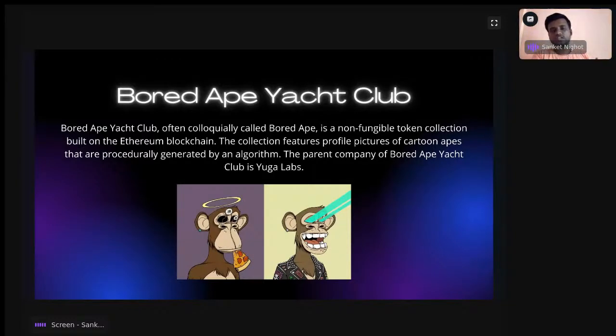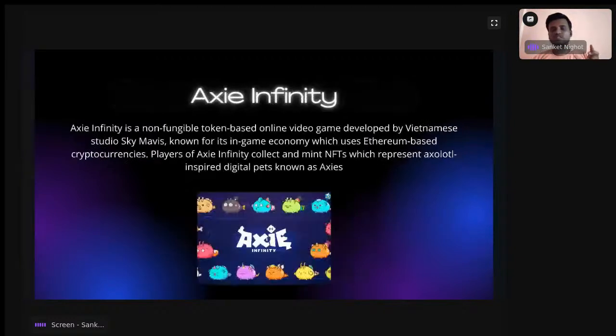The next NFT project we are talking about is Axie Infinity. We can say this is one of the upgrades to the project. What Axie Infinity offers is that you can buy a pet, and that pet is an NFT, and you can see on the screen what type of pets they are. All the pets are unique and they have some value.